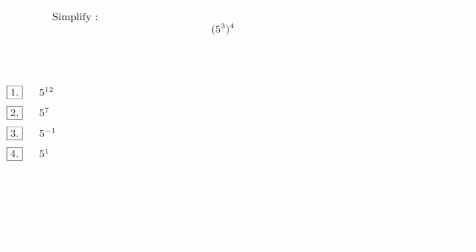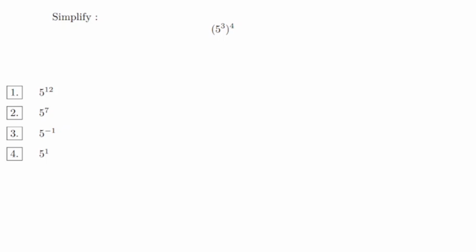In this video, we'll talk about simplifying exponents more. The exponents that we'll talk about in this video are where you have a base raised to a power and that whole thing is raised to another power. In this question, we have simplify 5 raised to the power 3, all raised to the power 4.